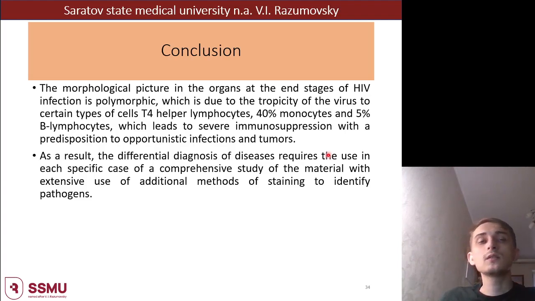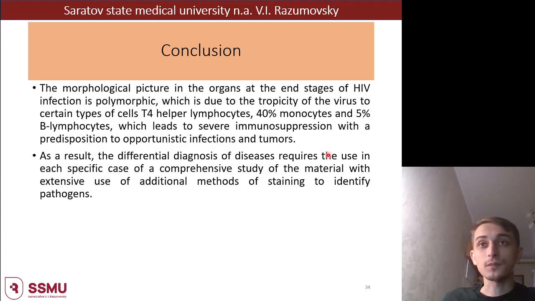Also, we can see damage of monocytes and B lymphocytes, and these changes lead to depression of immune reactivity of the organism, and may lead to opportunistic infections and tumors. Opportunistic infections like candidosis, pneumocystic pneumonia, and so on, and tumors like B lymphomas of the brain, and formation of Kaposi sarcoma.